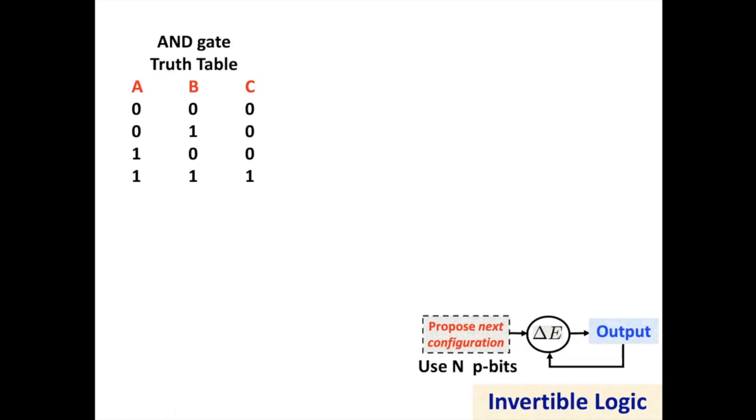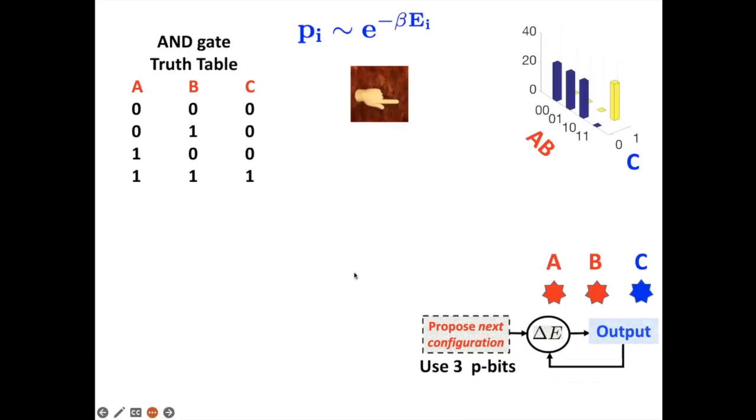The way you do it is, you've got these 3 p bits, A, B, and C, and you would define your energy function so that it is particularly low for the truth table. Meaning, we've got 3 p bits, so there's 8 possibilities. But of them, 4 belong to the truth table, and the other 4 are not allowed.